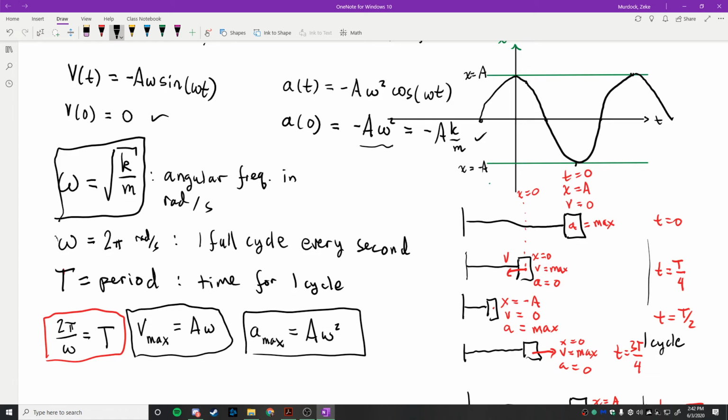Now let's look at omega and let's see if we understand something about this. Omega says that the rate at which the object oscillates back and forth, effectively its speed, is given by the square root of the spring constant divided by the mass. Does that make sense to you? What this means is that if you have a really stiff spring that has a large spring constant, think like a spring on your trampoline or something like that, it's so stiff that it forces the system back to equilibrium very quickly.